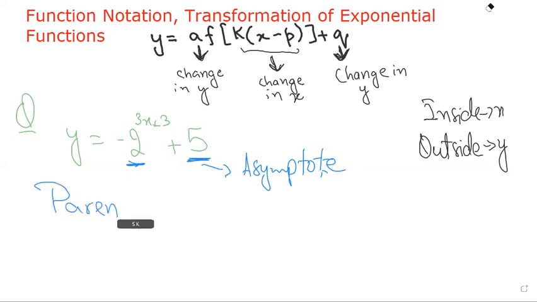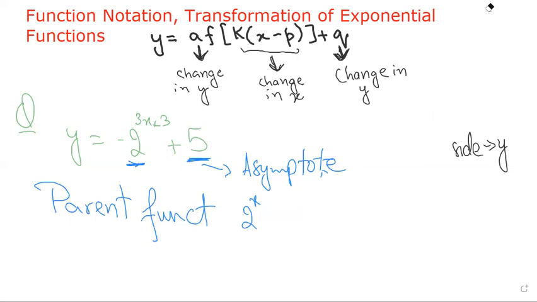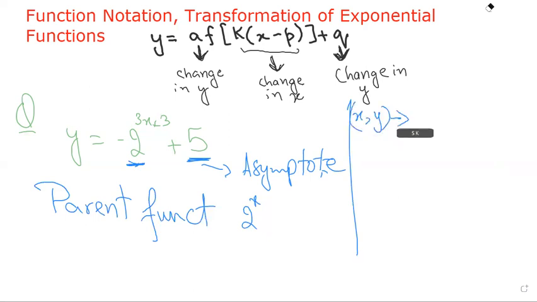So here my parent function is 2 to the power x, while if I have to write the transformation of this thing, how to write it? It's very easy. Let's see how to write it. If I have to write the transformation of this thing, I'm going to write like this: x into y. From x into y, I have to transform my notation, because you can see here its power, I can write its power in a factor form. It will become 3 times (x plus 1).